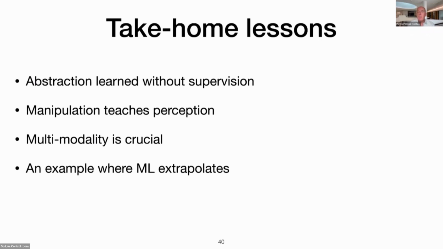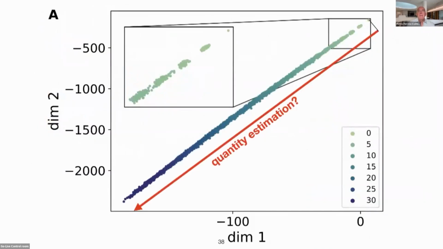And maybe we can come up with stronger abstractions that will help our algorithms generalize beyond the statistics of the training set. We see strong extrapolation here because the ability of the system to estimate quantity goes far beyond the 3 objects in the training set, from 0 to 3, which would be up here.